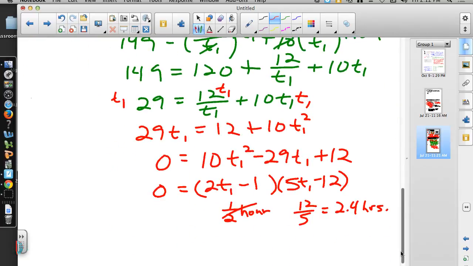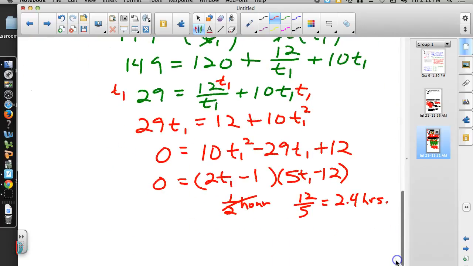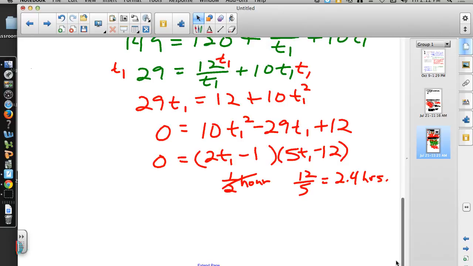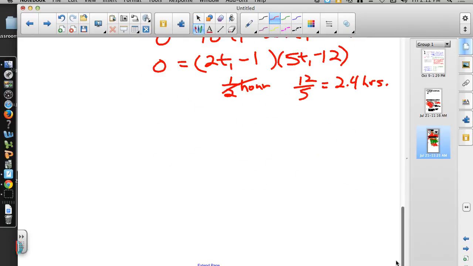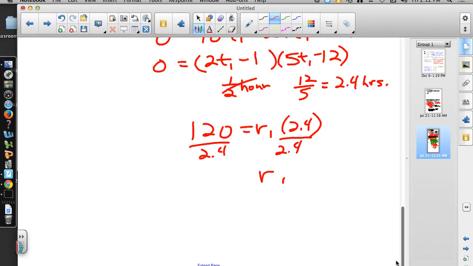So let me scroll back down to what we had. So let's take our 2.4. We know 120 equals rate 1 times time, which is 2.4. Divide both sides by 2.4, and the rate is 50.